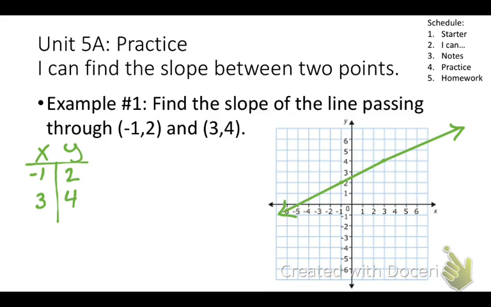So I'm just going to start with my x values. I'm circling those. I start at -1 and I go up to 3. If I do that and I go up 4 steps, I'm at 2 and I go to 4 on my y values. And I know that to go from 2 to 4, I must take 2 positive steps.